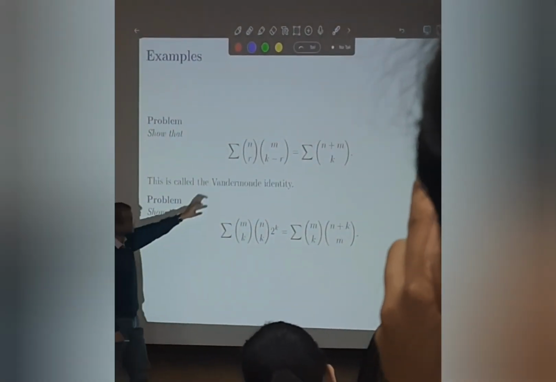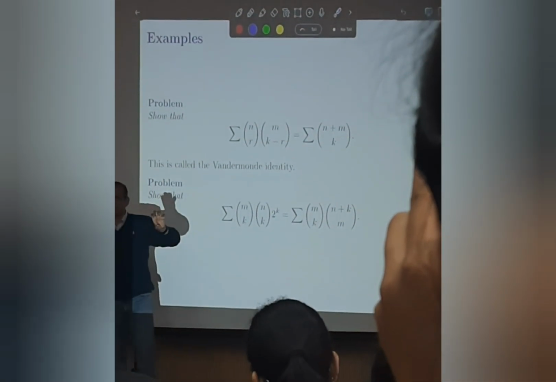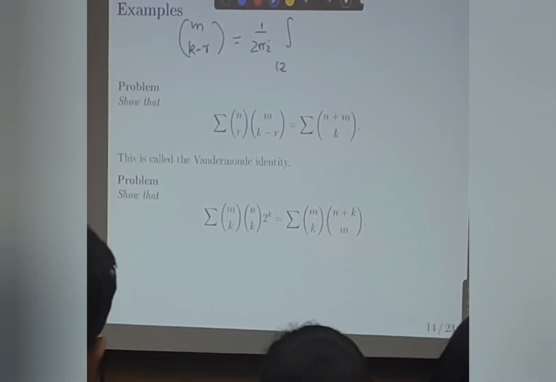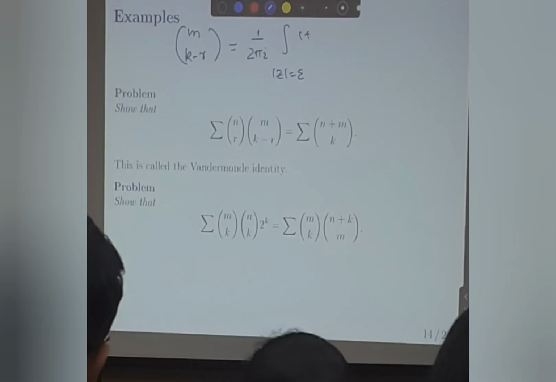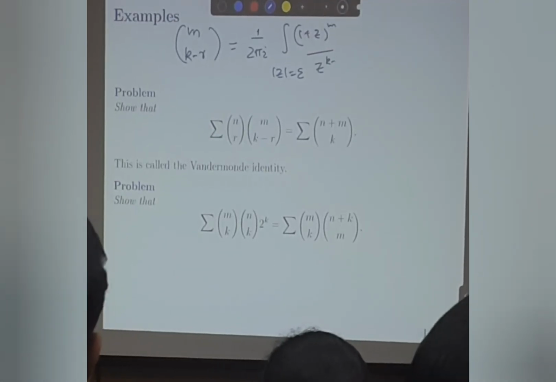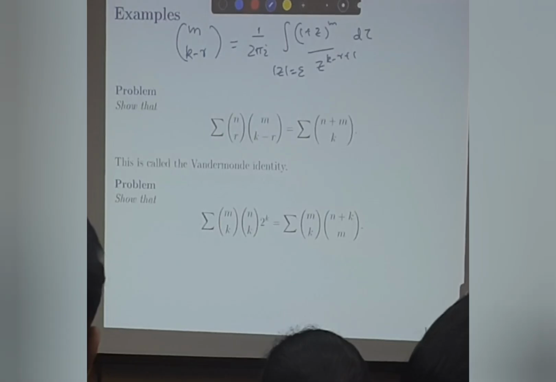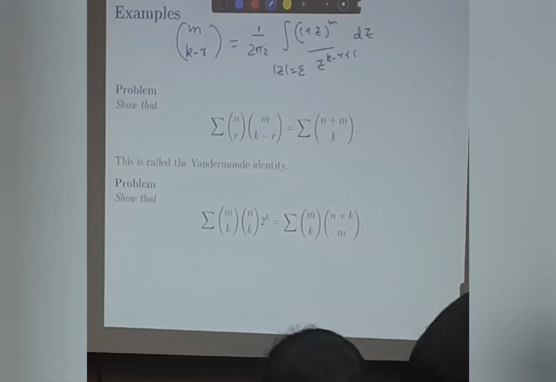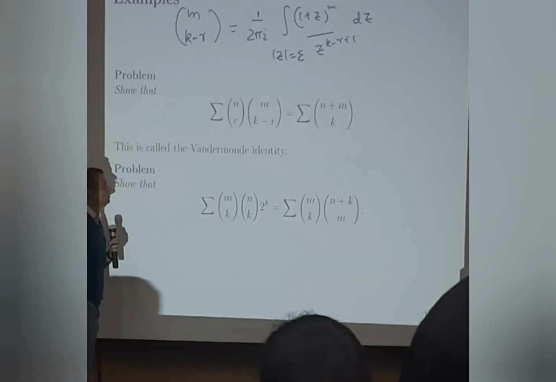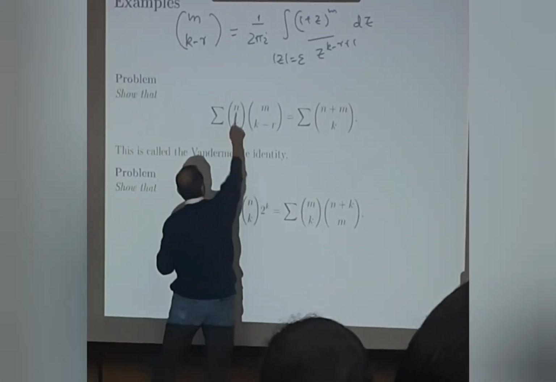Let's say I want to choose from n plus m objects. I'm going to write 1 over 2 pi i integral over mod z equal to epsilon of 1 plus z to the m by z to the k minus r plus 1 dz. And then I have this n choose r over here.